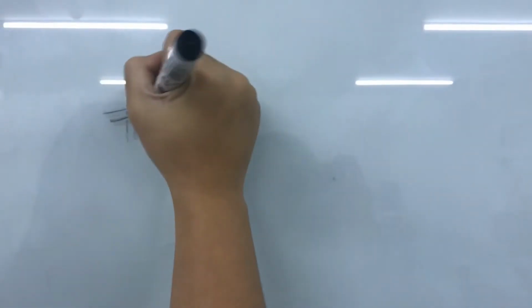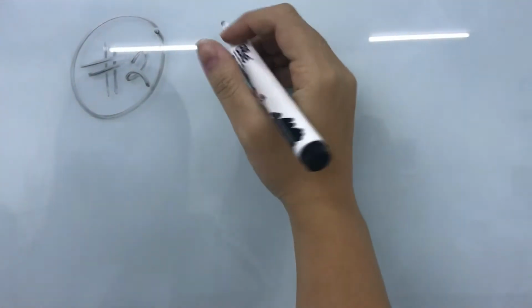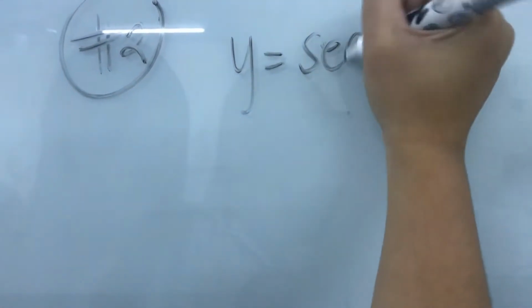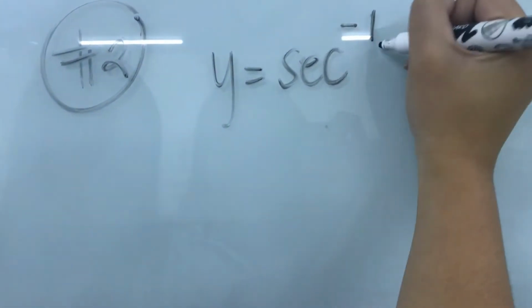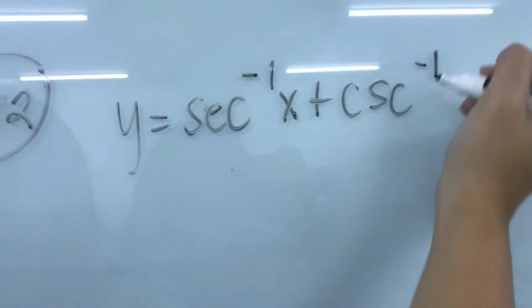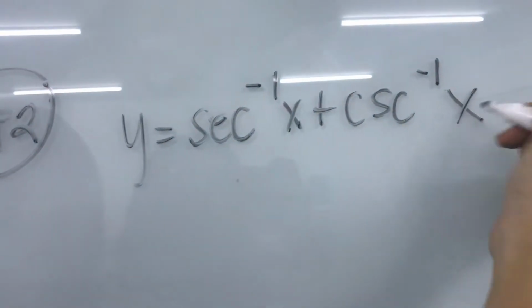So for our second problem of the inverse trigonometric functions, our equation will be y is equal to arc secant x plus arc cosecant x. Again, this equation follows the sum and difference rule.